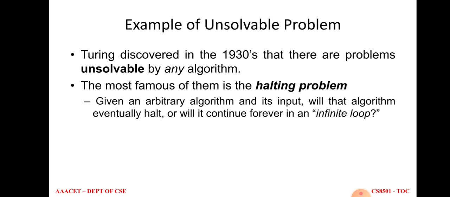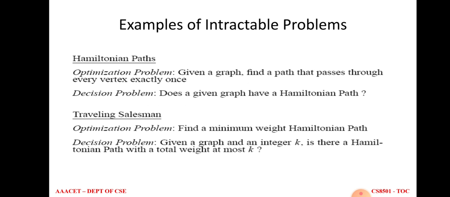An example of an unsolvable problem we already saw at the beginning of unit 5, that is the halting problem or halting decision problem. That is the famous example for an unsolvable or undecidable problem. We saw one theorem for the halting problem. Examples for intractable problems are the Hamiltonian circuit and the traveling salesman problem. Both are examples for intractable problems.